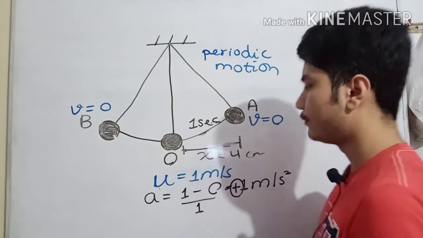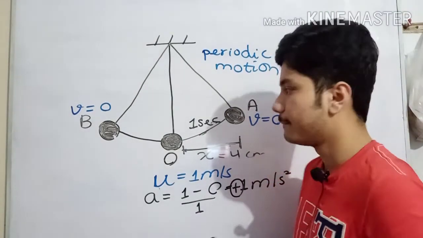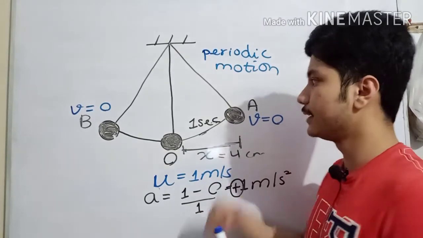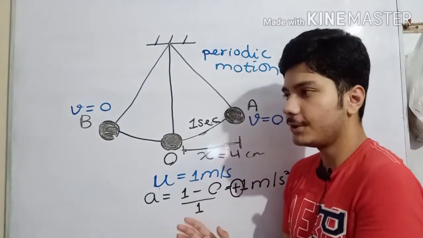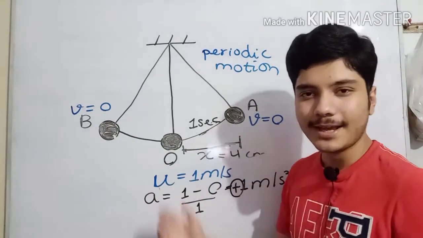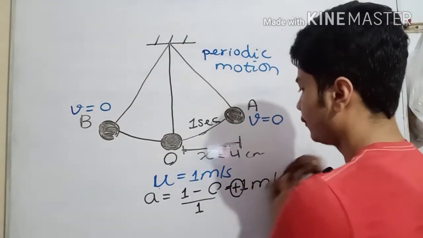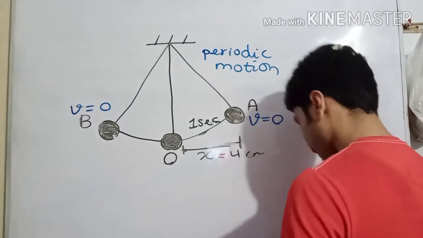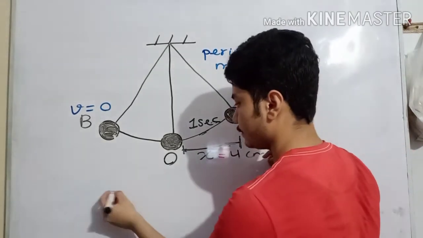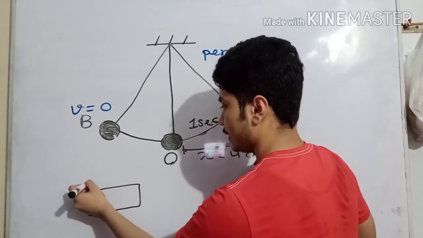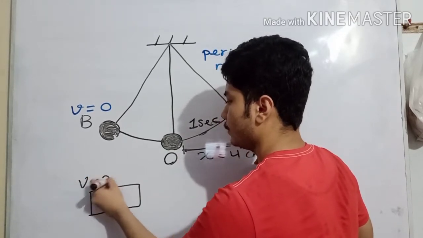Now what am I talking about? Basically it's all the concept of acceleration, but if somebody didn't know, I'm just going to give a hint and continue to move forward. For example, this is a car, and it is moving with 2 meters per second.